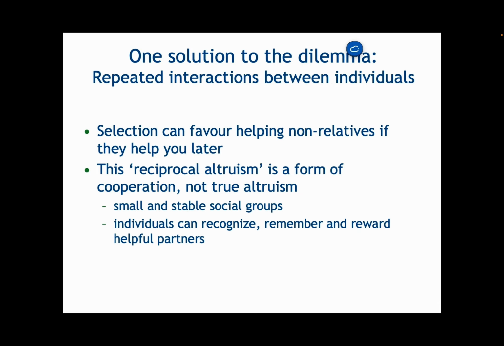What else? Oh, okay. Reciprocal altruism is more likely to evolve if there is at least the cognitive ability to recognize individuals. So something that has enough brain power to realize when it has been cheated or when its partner was being helpful to it.